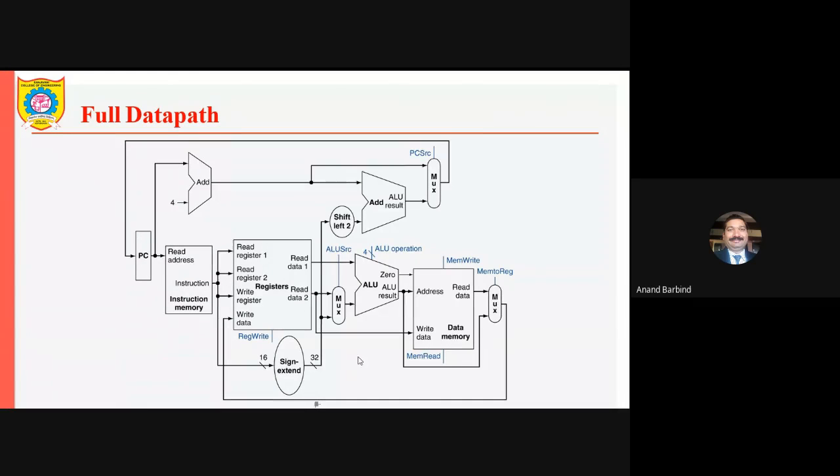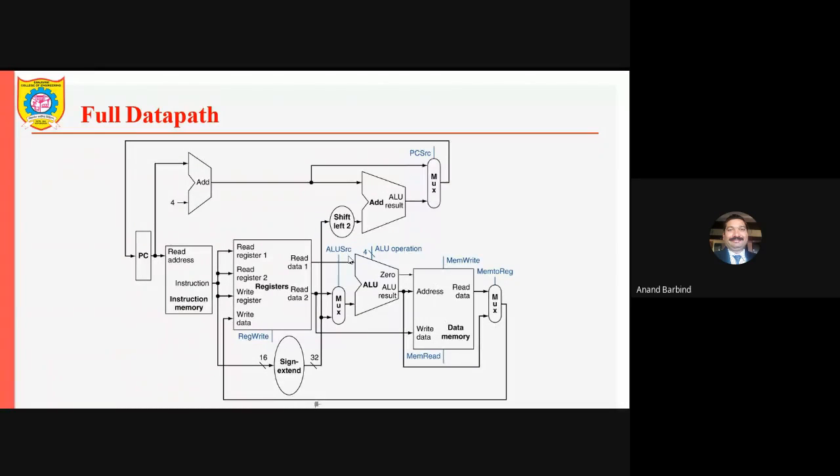Some instructions use data memory, whereas some do not. For example, the load and store instructions use the data memory, whereas the R type instruction does not use data memory. Even the branch instruction does not use data memory.